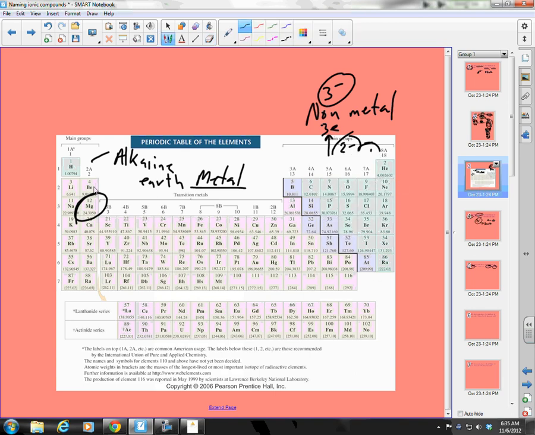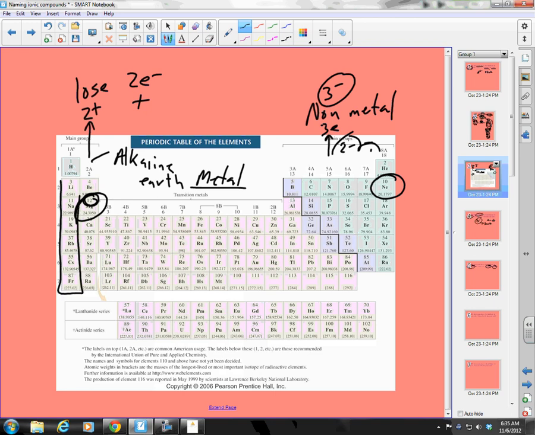Here is magnesium. It wants to end up with a neon configuration. So how do I go from 12 to 10? I have to lose 2 electrons, and when I lose 2 electrons, that means things become positive.